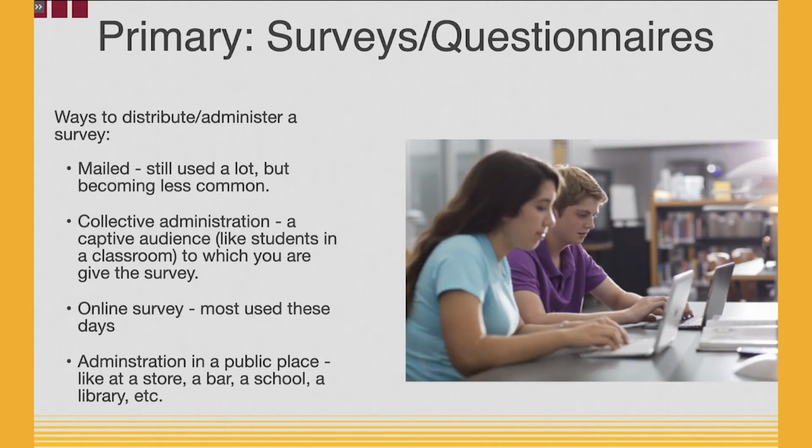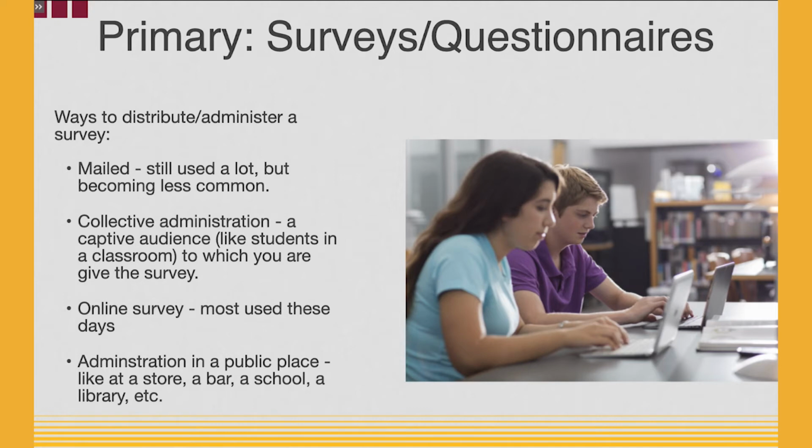There are a lot of different ways to distribute or administer your survey. You can mail them, which is still used a lot, but not as often these days. You can use a collective administration process, which just means you have a captive audience, like kids in a schoolroom or employees in a department, that kind of thing.